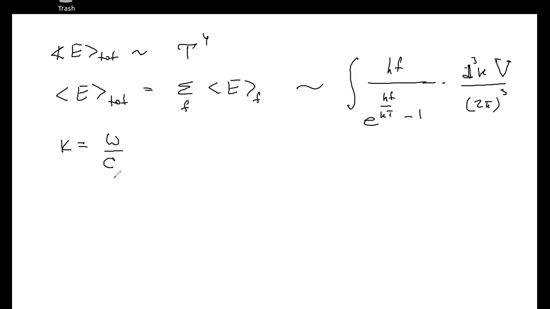Omega over c or omega multiplied by c, or how? Omega over c, yeah? The omega is 2 pi f. So basically when we're talking about integration in k space, it's restricted by frequency.